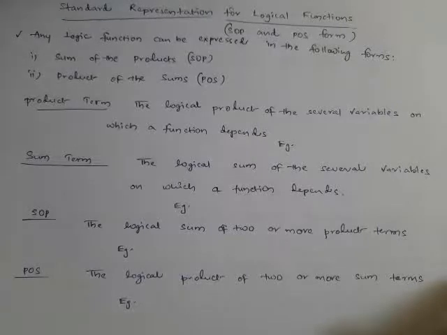For example, if a logical function depends on, say, the variable a, then a can be present in one combination in its true form, and in another combination maybe it is present in its complement form, that is a bar.